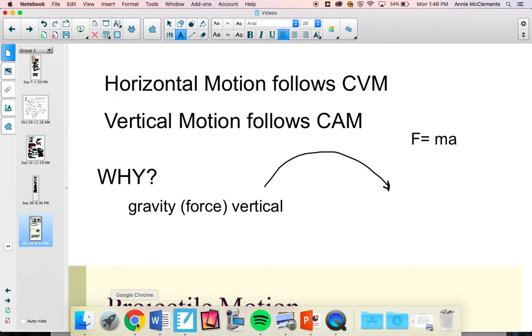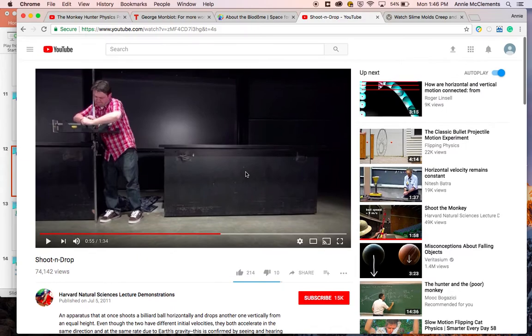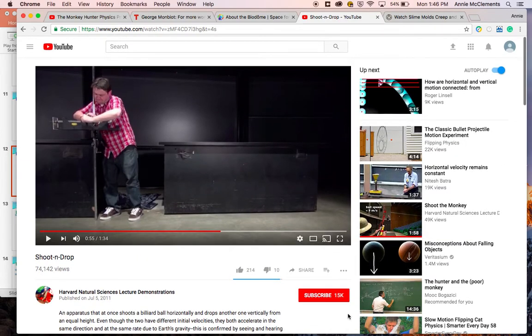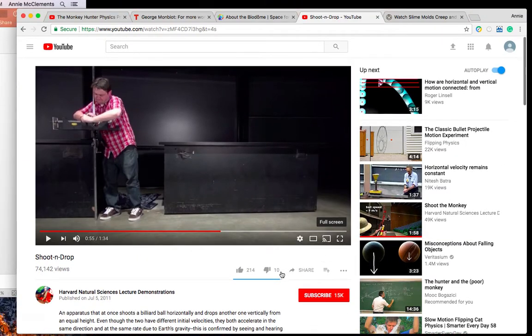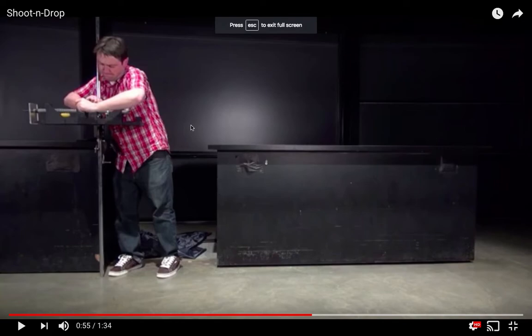I could show this to you in class, but these gentlemen have created a lovely video that details it for us. The concept here is this guy has set up an experimental apparatus where on one end a ball will be simply dropped from this table. On the other end, a ball will be pushed off the table. And this will happen simultaneously through what he's rigged up.